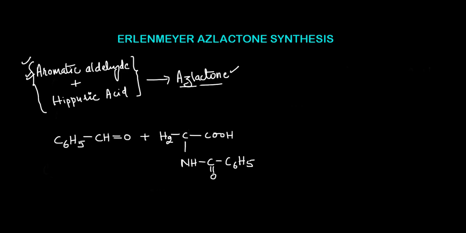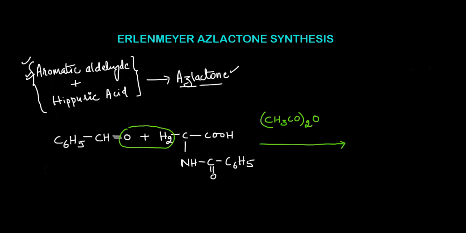So what happens when they react with each other in the presence of acetic anhydride? We are taking acetic anhydride for the reaction. This O and this H2 will be lost. What is the role of acetic anhydride?